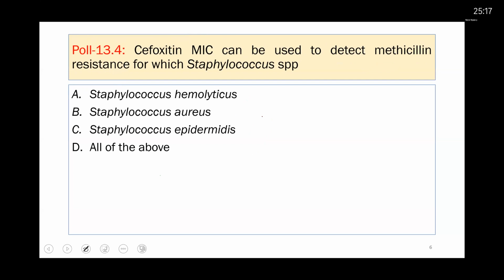The next question was, cefoxitin MIC can be used to detect methicillin resistance for which Staphylococcus species? The options were Hemolyticus, aureus, epidermidis, or all of the above.